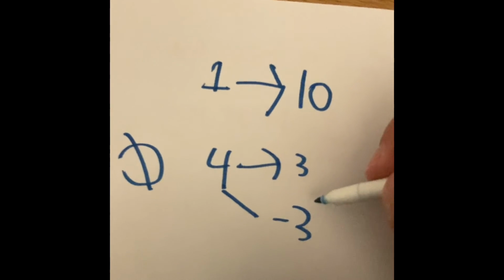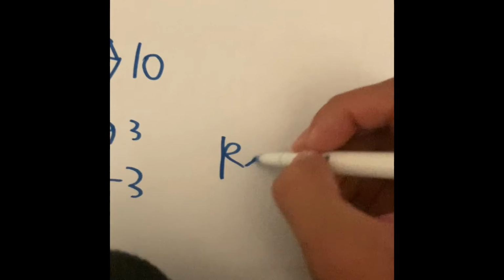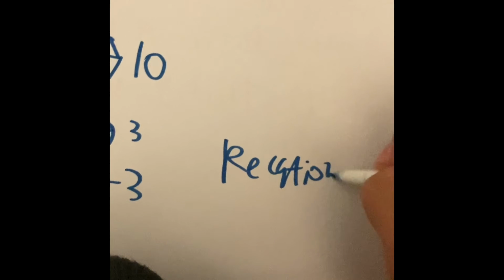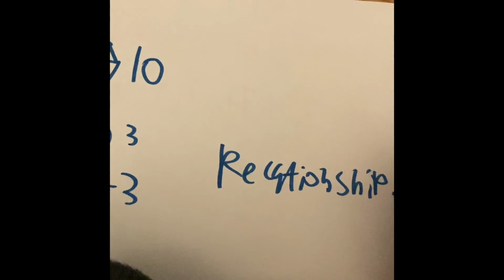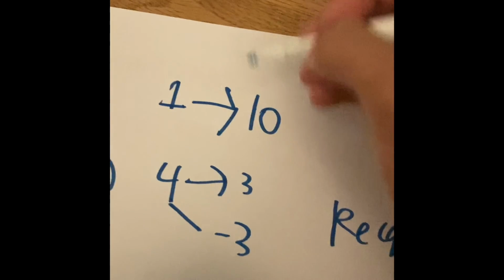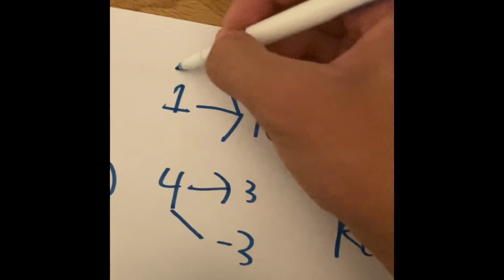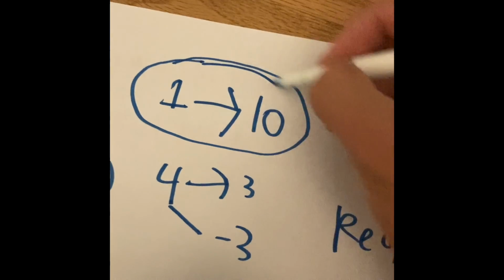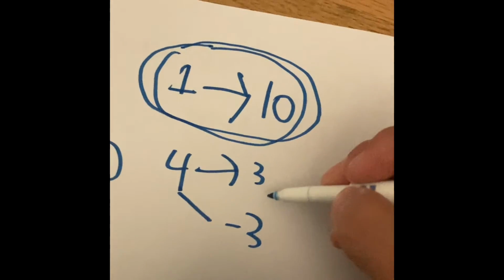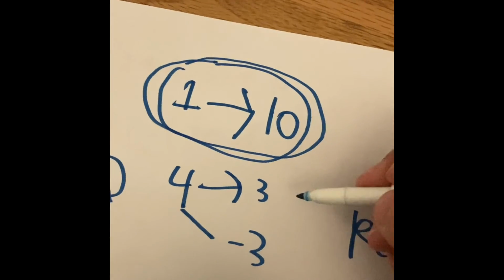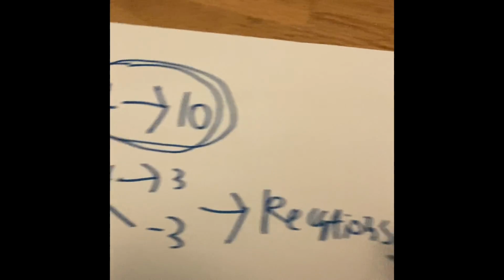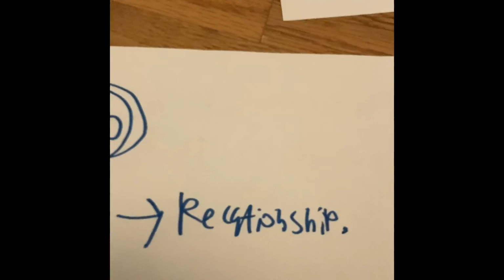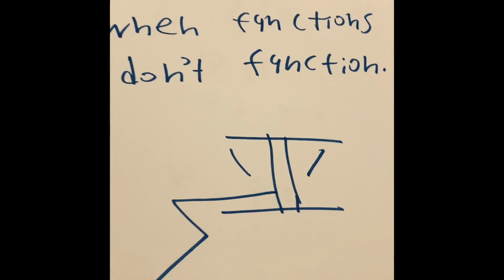This is not a function. This is called a relationship. Functions are only described and known for only bringing you to one answer. Just one. You can't have multiple answers in a function, or it will be called a relationship. So that can explain when functions don't function.